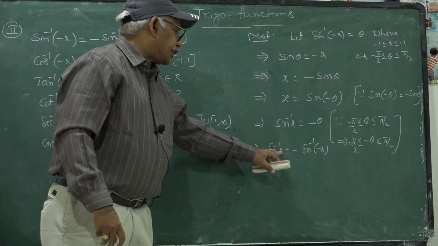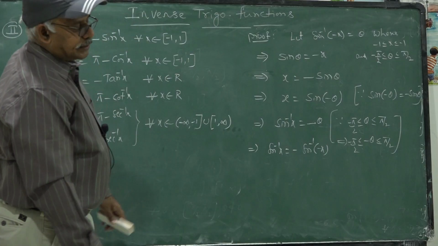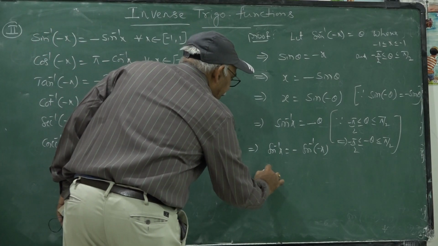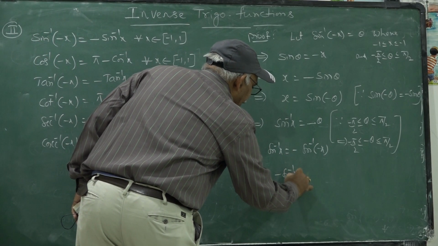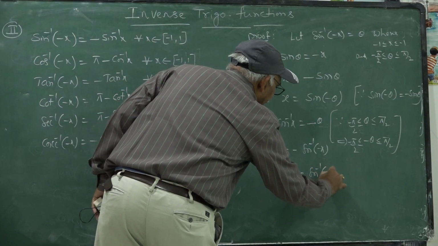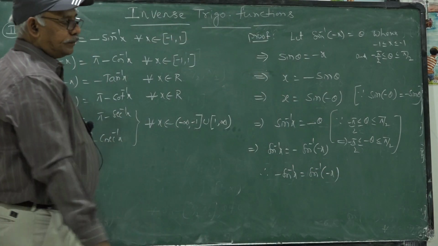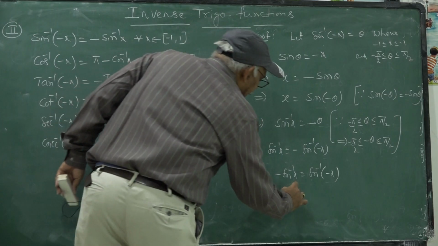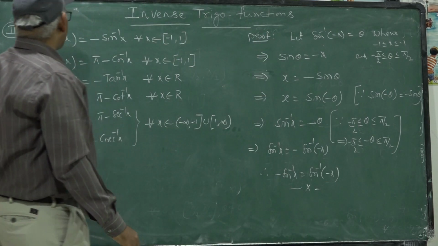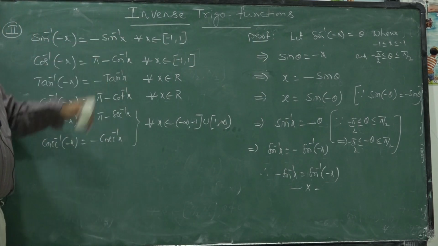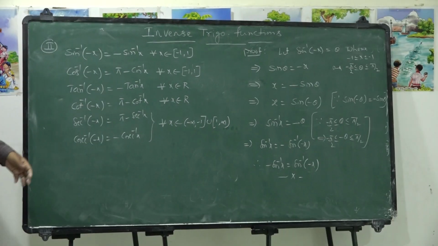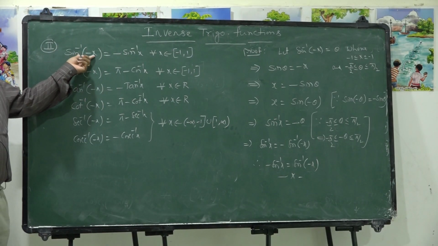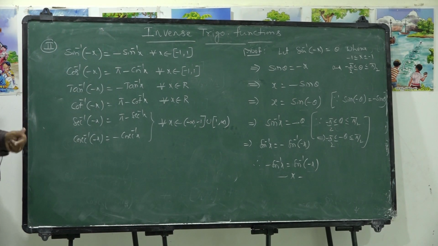So sine inverse of x equal to minus sine inverse of minus x. Therefore, minus sine inverse of x equal to sine inverse of minus x, which is our required result. Sine inverse of minus x equal to minus sine inverse x. So this is the proof of sine inverse of minus x equal to minus sine inverse x.